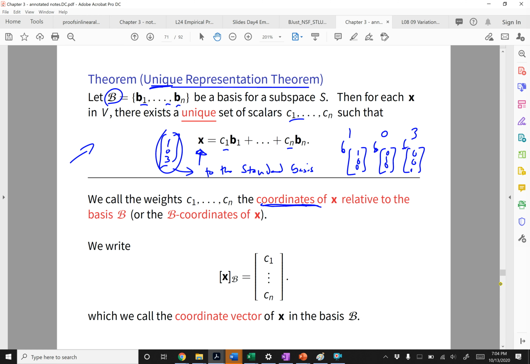If we pick a different basis, different building blocks and directions that we go, then it's going to have a different set of coordinates. So the coordinates of x relative to the basis B, or the script B coordinates of x, this is the notation we use.